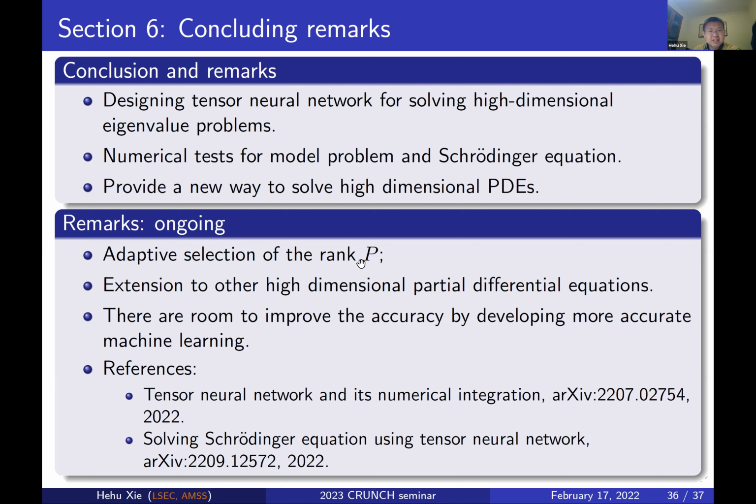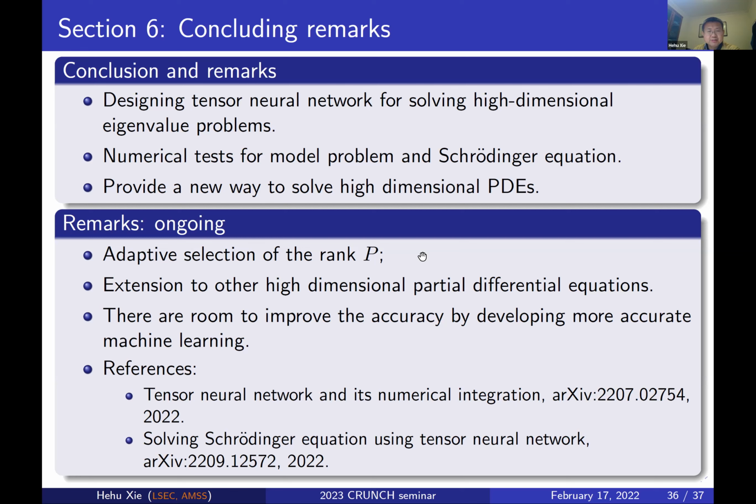For example, the length. For general functions, we don't know the exact length, or the wanted length for the tolerance.